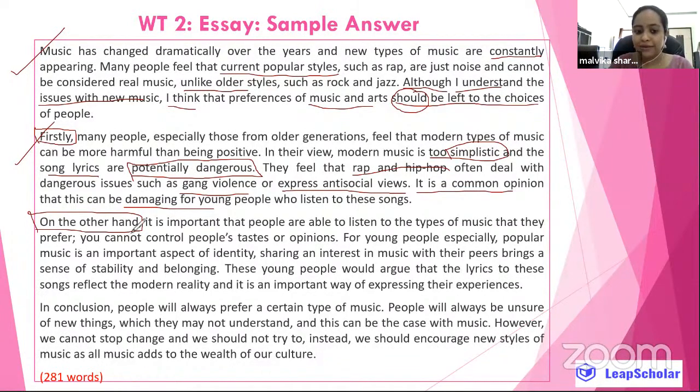On the other hand, second view in place. It is important that people are able to listen to the types of music that they prefer. See, I have talked about it should be left to the choices in the first paragraph. That is why I am restating it here again, that it is important that people, second view, that it is having a positive impact of the question.